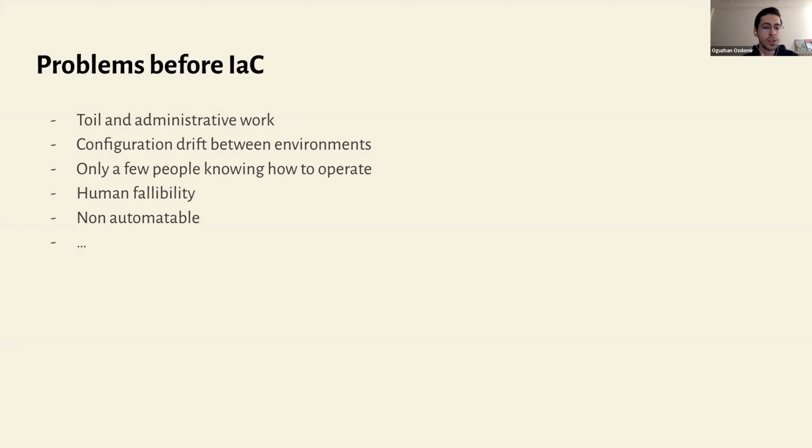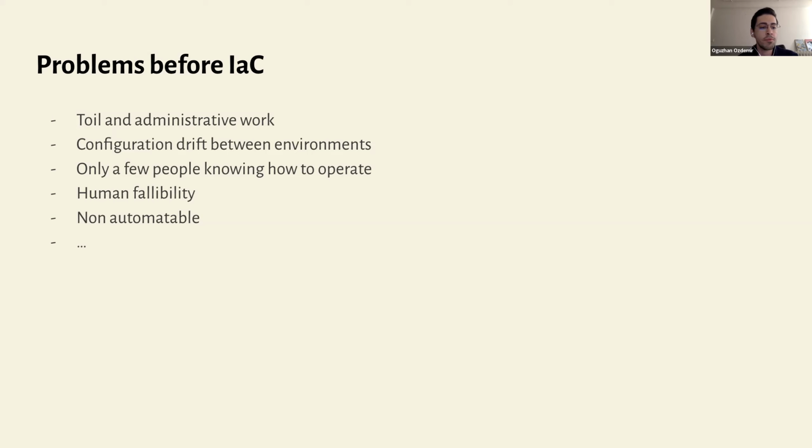Sometimes you make some changes on your lab environment and you forget to do the same on the production, etc. And the knowledge of what configuration goes where, and where to look when a network problem occurs, stays within a very small number of people in your organization. So worst case scenario, only one person knows what's going on, which is just awful.